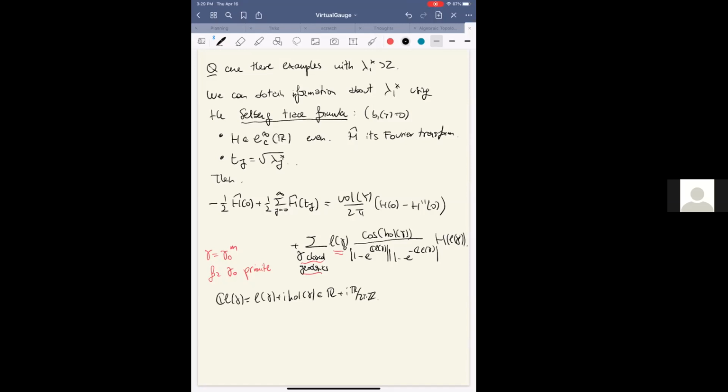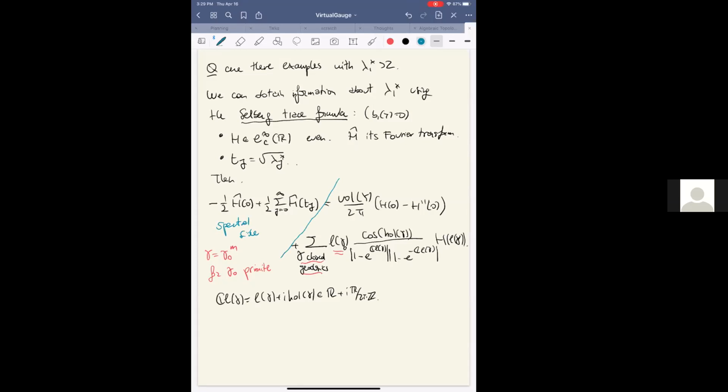Okay, so why is this helpful? Well, it's nice because on one side of the equality you have the spectral side. On the left of the formula, the sum only depends on the eigenvalues of the Laplacian, where t_1 is the number we want to understand a little bit.